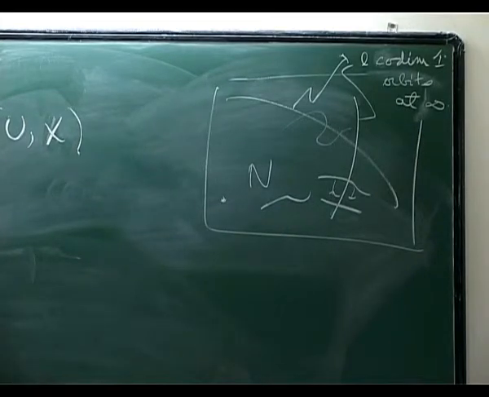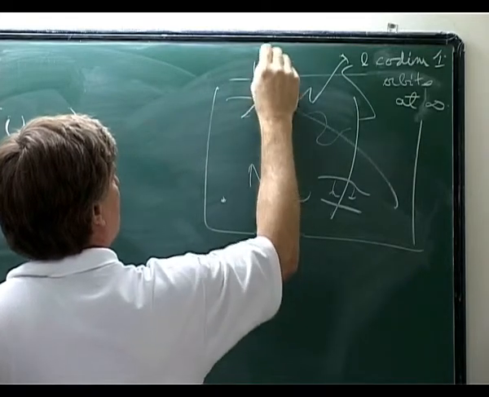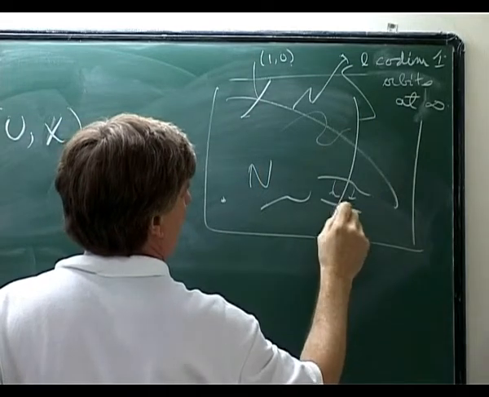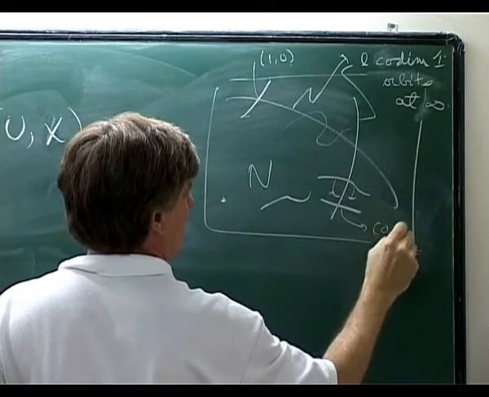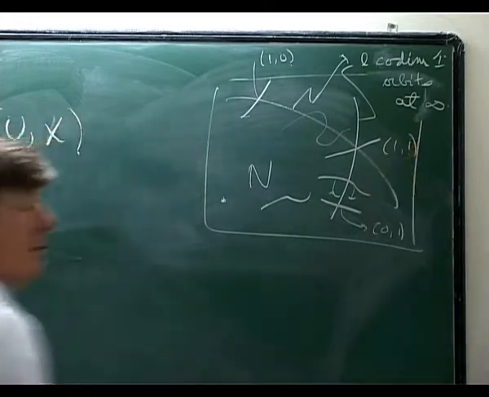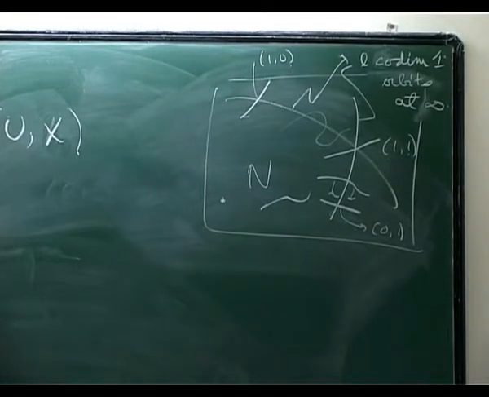You also see when there's several divisors at infinity that you can have, say, multiplicity 1, 0. This would have multiplicity 0, 1, and then you can hit both. Then you have multiplicity 1, 1. So the multiplicity is an invariant; there are several numbers associated to it.